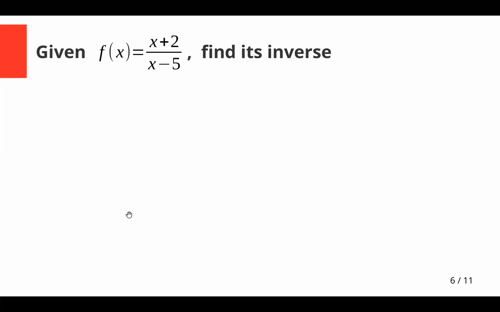Now, do you remember the steps of the solution? How do we do it? Let me put the steps for you so that you can follow them. Step number 1, replace f of x with y.